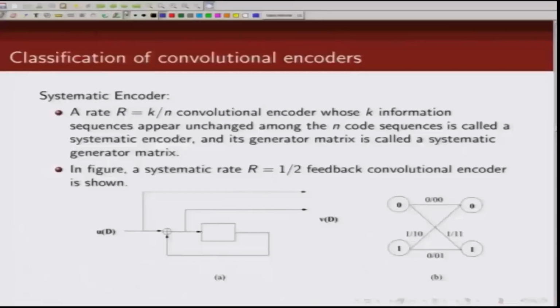In a partially systematic encoder, we can see a fraction of these k information bits, maybe a few bits, from 1 to k minus 1, and in a non-systematic encoder we cannot see any information bit directly in the output. So, all the parity bits are essentially linear combinations of current and past inputs and outputs.